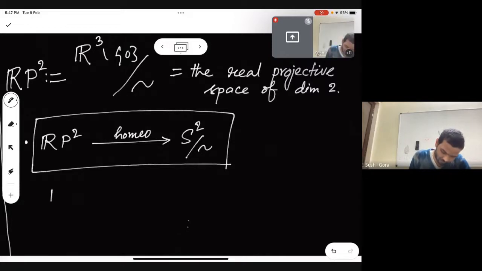Right. You first look at R3 minus the origin to S2.